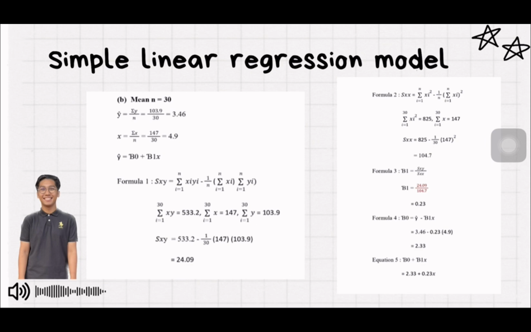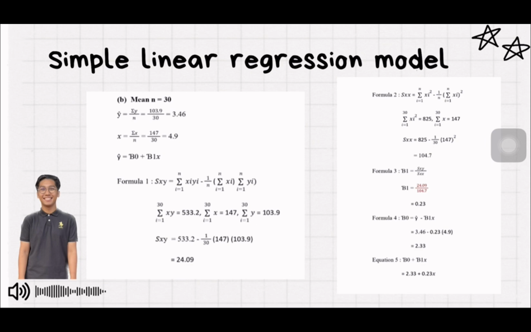Okay, for formula 3, beta 1 equals Sxy divided by Sxx, which is 24.09 divided by 104.7, which we got 0.23.